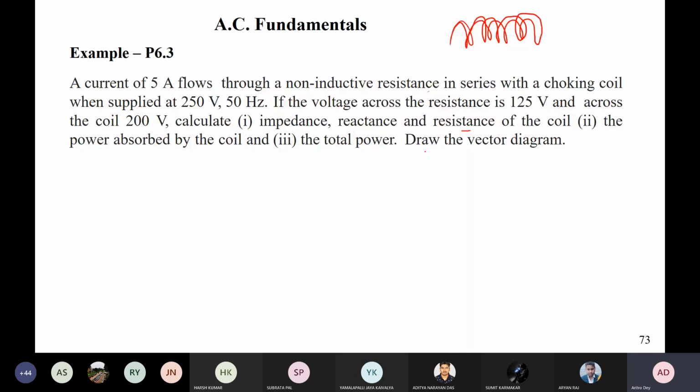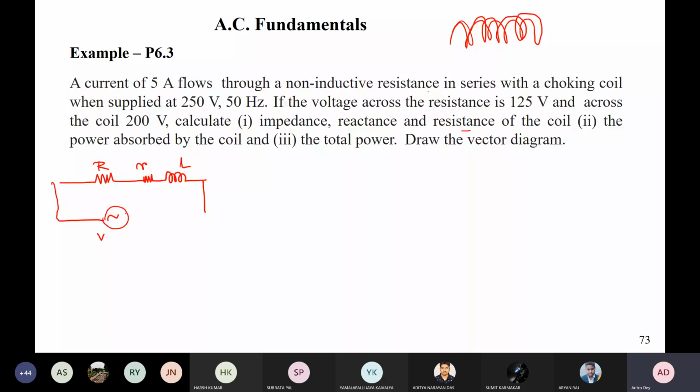So let us draw the circuit first. This is your resistance, this is the small resistance present in the inductor, this is your inductor, and this is your circuit. So this is capital R, this is smaller r, this is L. So you have a series circuit.